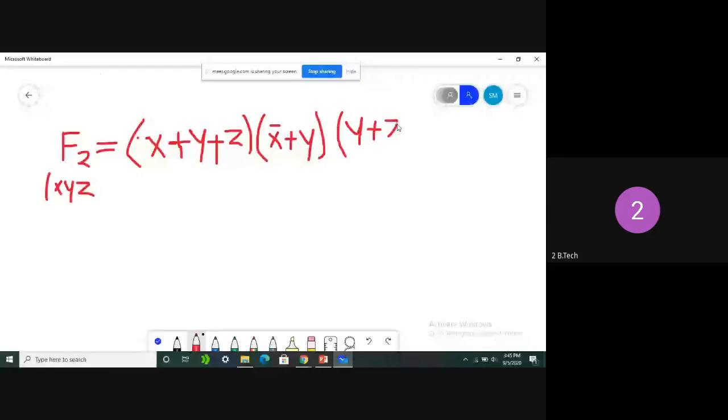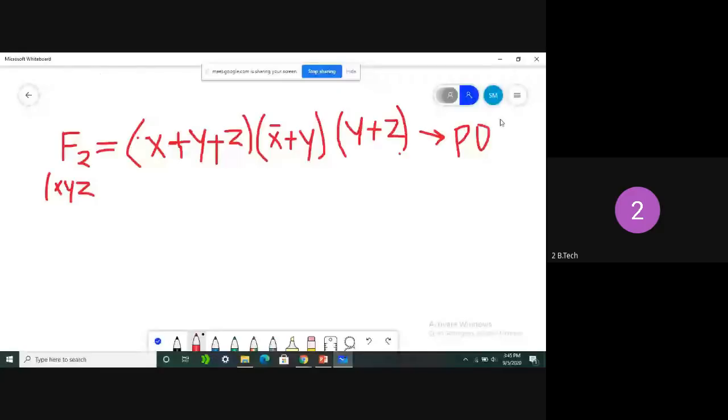What are the X, Y, Z literals? This type of logic representation is called product of sum terms. Each sum term is multiplied together. If you observe clearly, sometimes we are missing some literals.